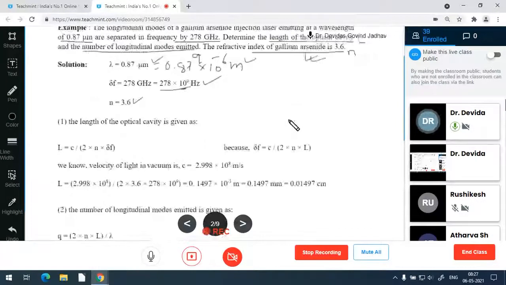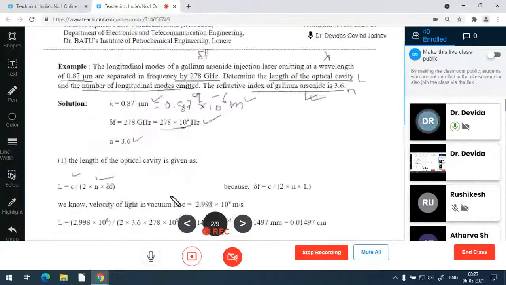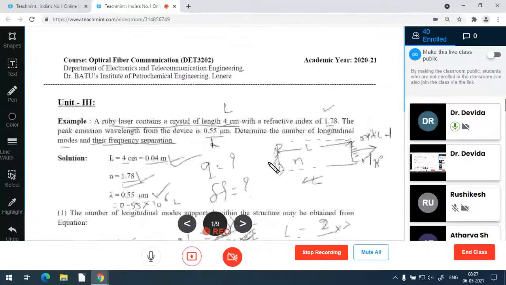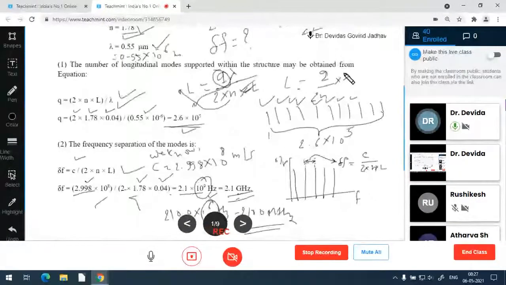Now the length formula we know directly: L is equal to C divided by 2N delta f. So the formulas we have are L equal to Q lambda upon 2N.